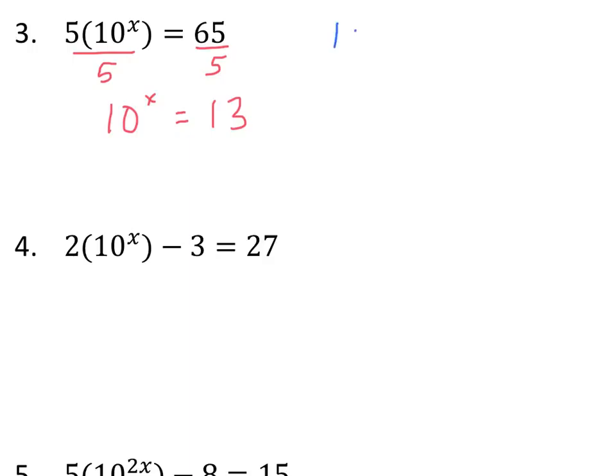Now I can take the log base 10 of 13 and get x. And it's reasonable to think that my answer will be just slightly above 1. So in my calculator, I put log of 13, and I get 1.11394.